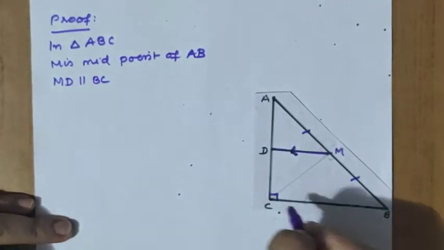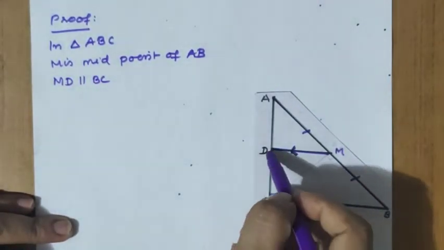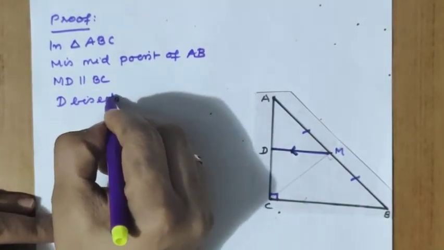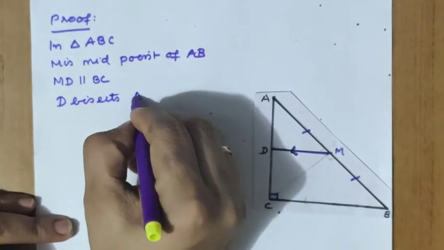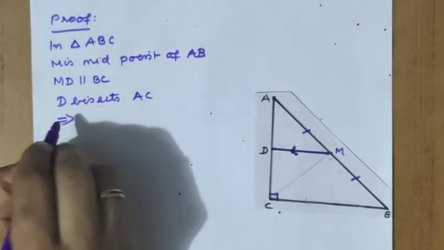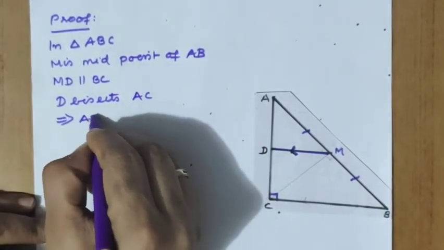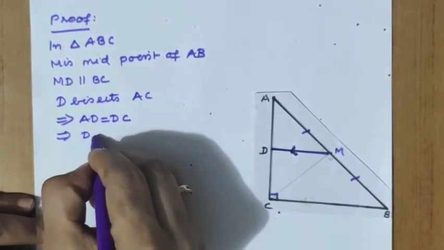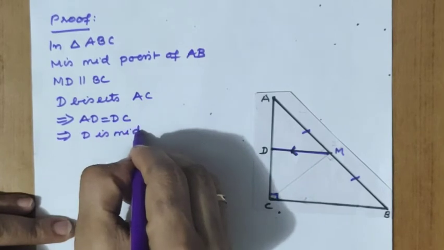The second side we also put in the criteria. Now what is the ending point here? D. So D bisects AC, which implies AD equal to DC. That means D is the midpoint of AC, proved 1.